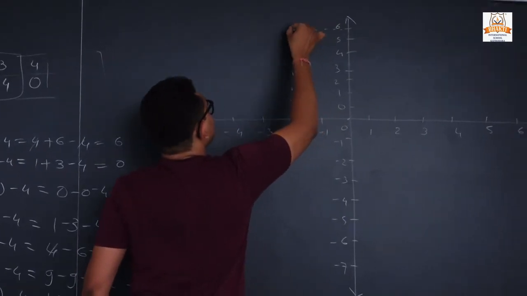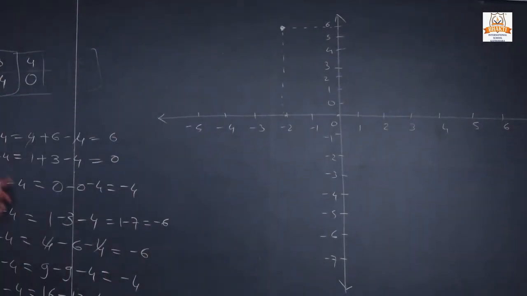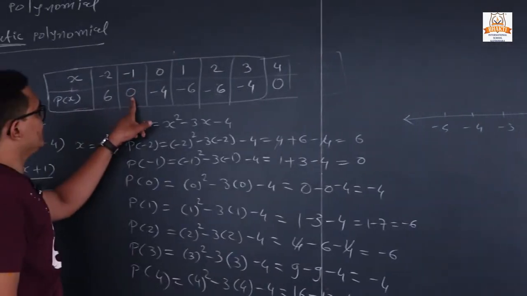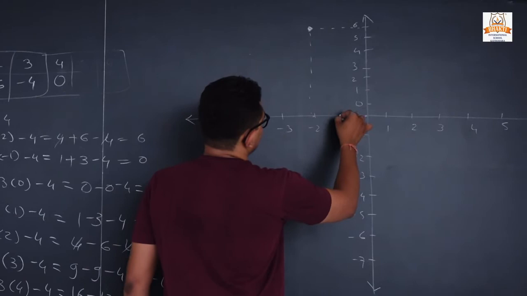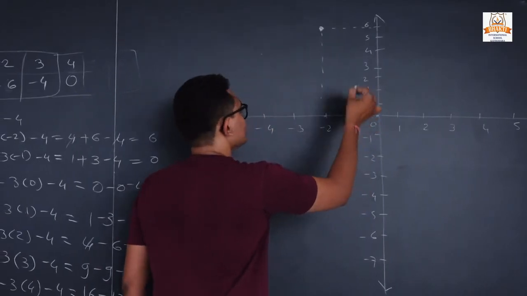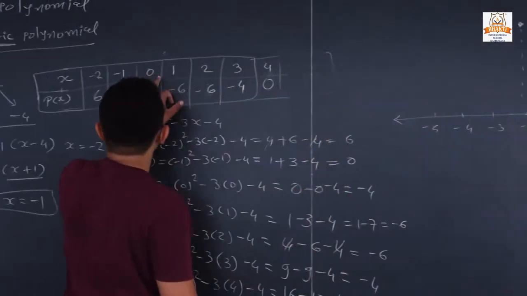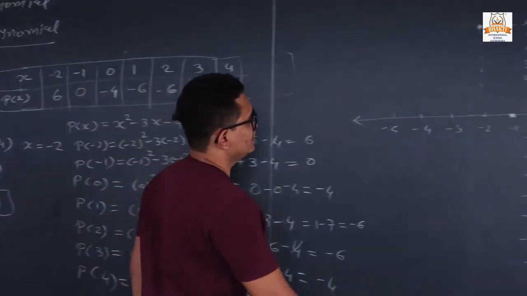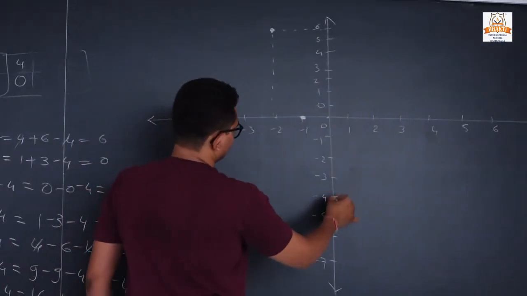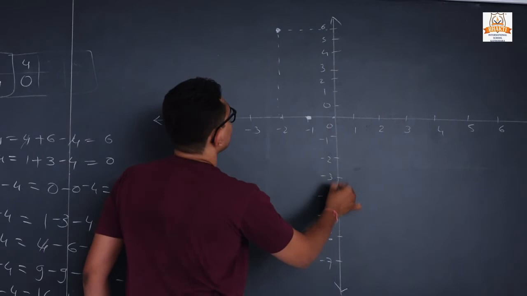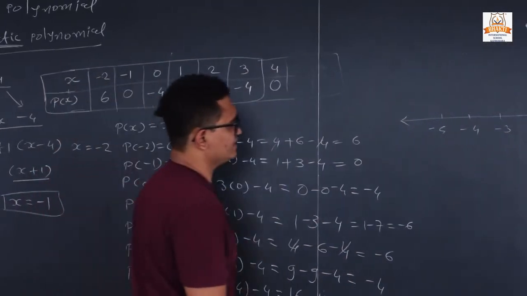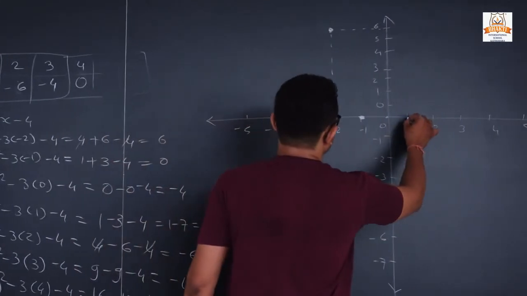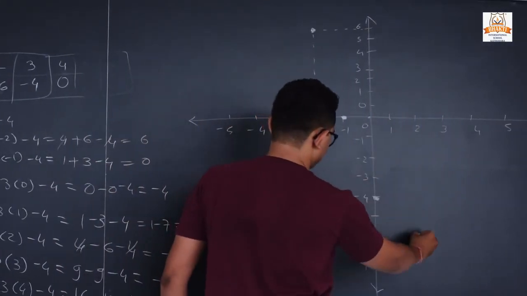So here we have one point. Then -1: at that time we get the value 0. Then 0: we get -4. Next 1: we get -6, so it is here.